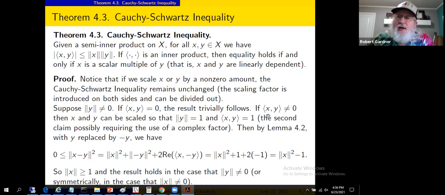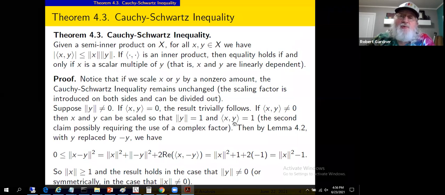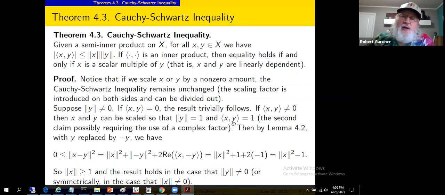If it's not 0, we can scale it in such a way that we convert the inner product of x and y to make it 1. What we're doing here is scaling vector x. We'd have to scale vector x maybe by a complex factor, because remember that inner product is going to be complex. So what we're doing here is scaling vector y to make it a unit vector and scaling vector x so that the resulting inner product is 1.